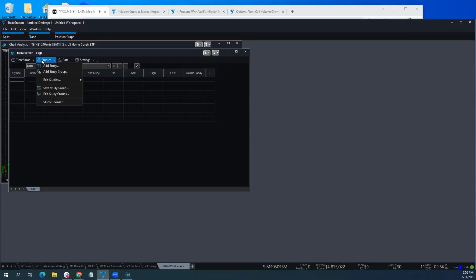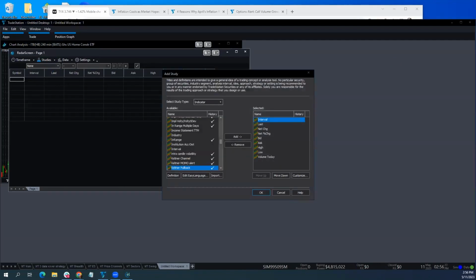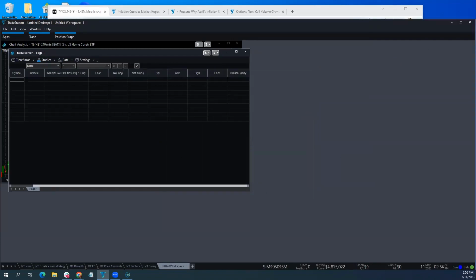And I can now add it as add study. What do we call it again? We called it talking alert. And then if we add like some stocks to this.